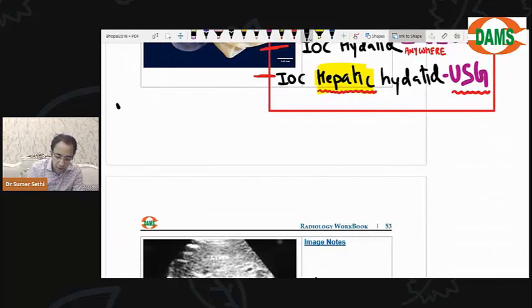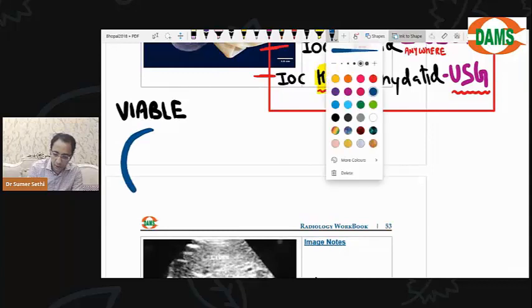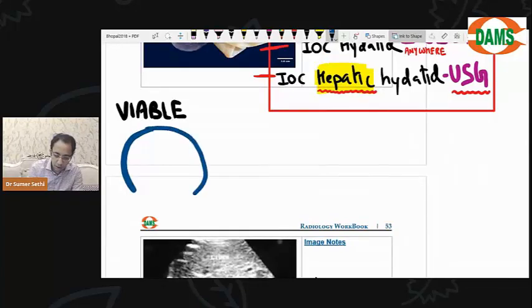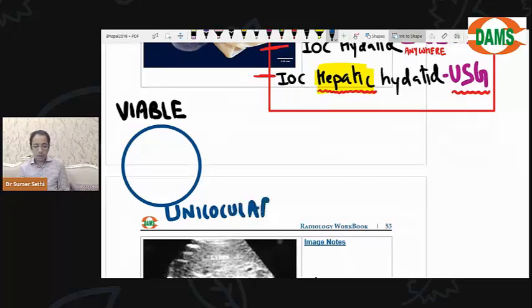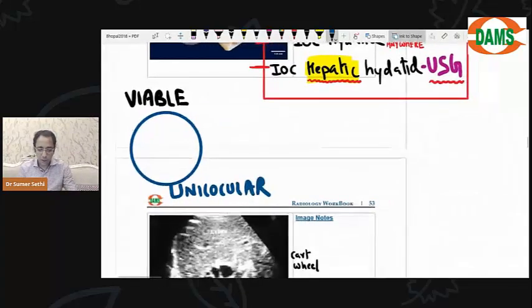Hydatid initially, when it comes into the body, is viable, is alive, and on ultrasound it is seen as a unilocular cystic lesion. So hydatid can be seen on an ultrasound as a unilocular cystic lesion.